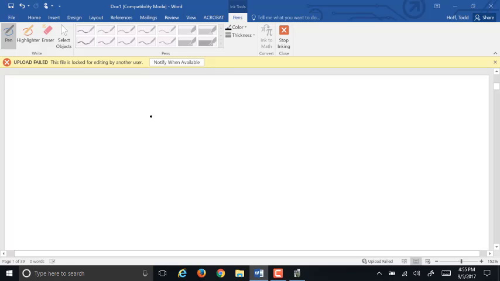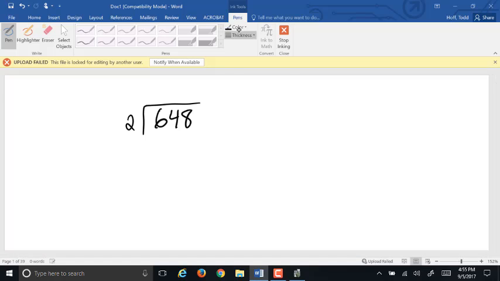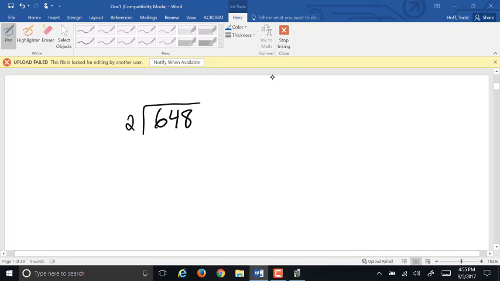If I have something like 648 divided by 2, we start at the left and move to the right. 2 goes into 6 how many times? 3. 2 goes into 4, 2, and 2 goes into 8, 4. Now, there's a very specialized example I gave there because the 2 divided into each digit without any remainder.